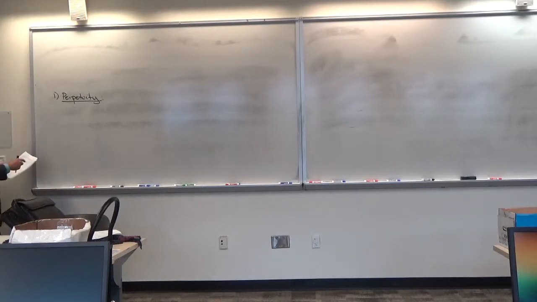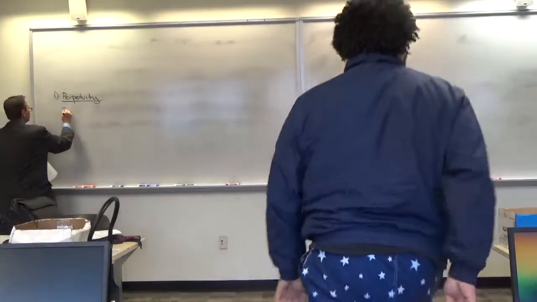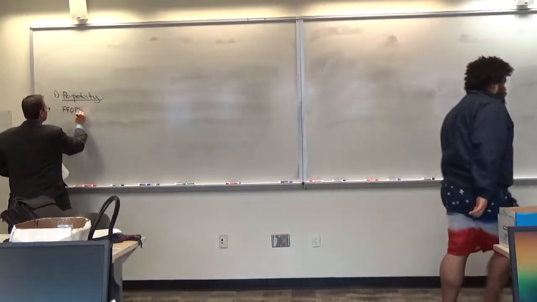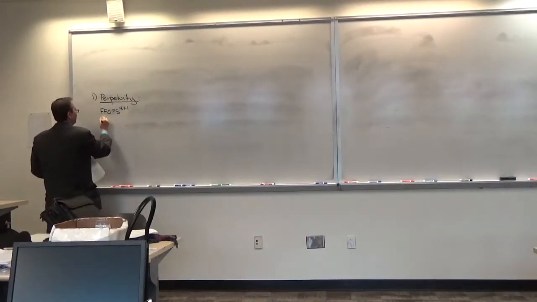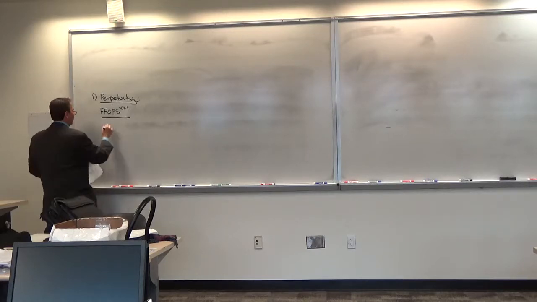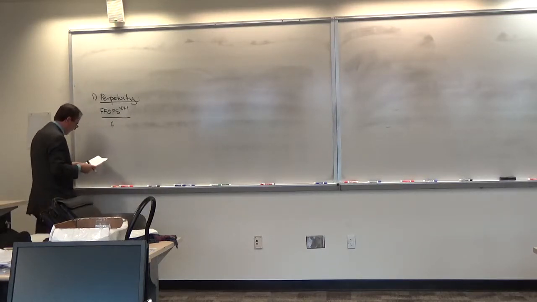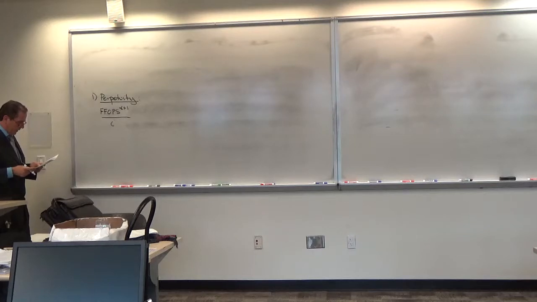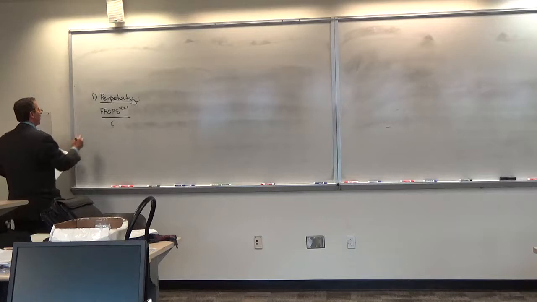Okay, so what do we need to do? We need to calculate the FFO per share next year, and then what do we do? The discount rate or the expected return. Are we using WACC, or what are we using for the discount rate? Expected return. Yeah, we're doing the expected return. Got it.